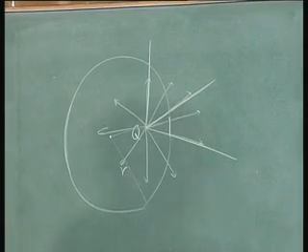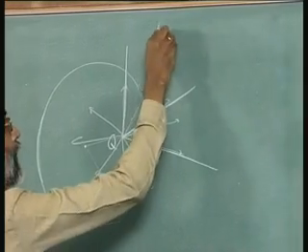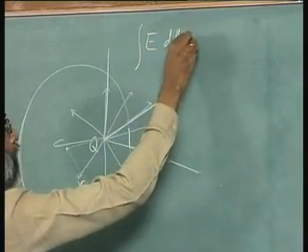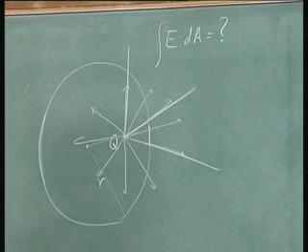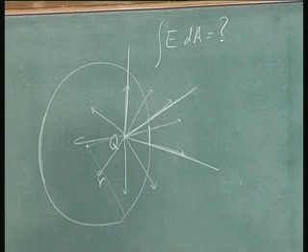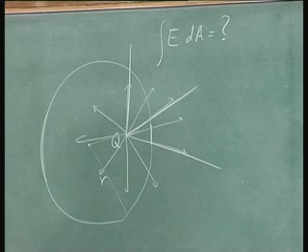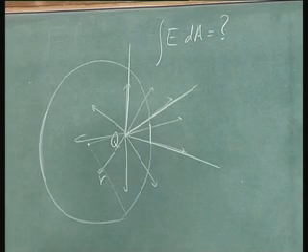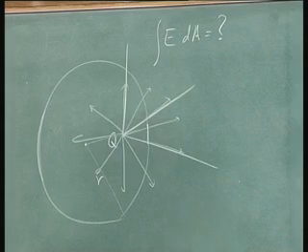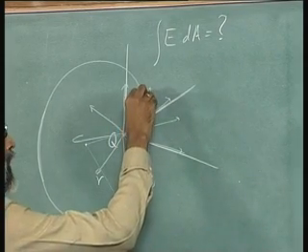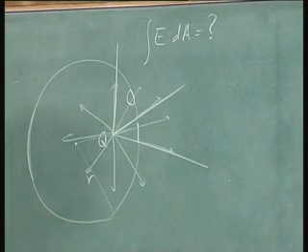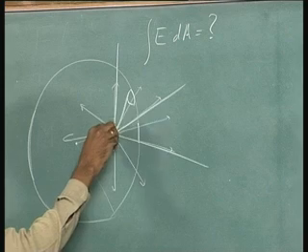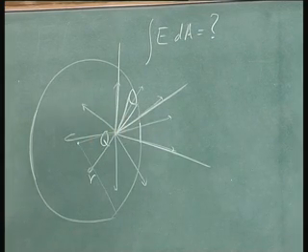The question is, if we now did the integral E dA, what would it be equal to? In a certain sense, this is the central problem of this lecture. That is, what is E dA if I shift the charge off center? Well, the answer comes fairly easily. Supposing I take a little piece of area on the sphere, I can make a cone connecting to the charge.